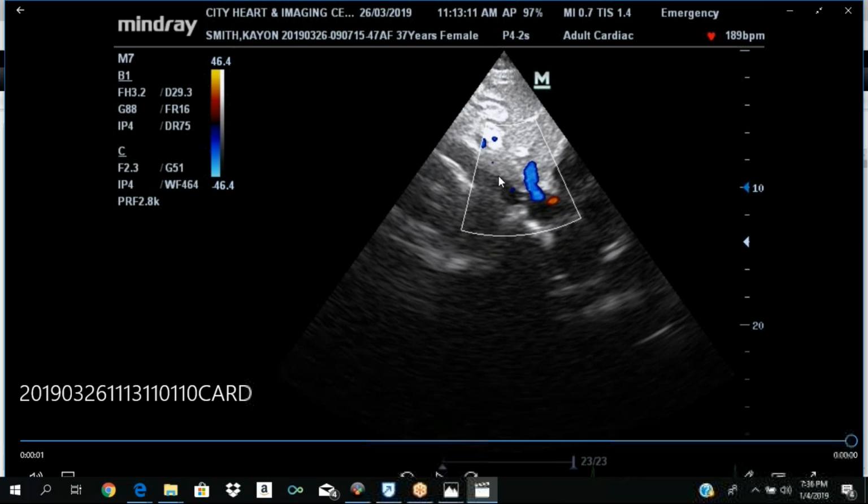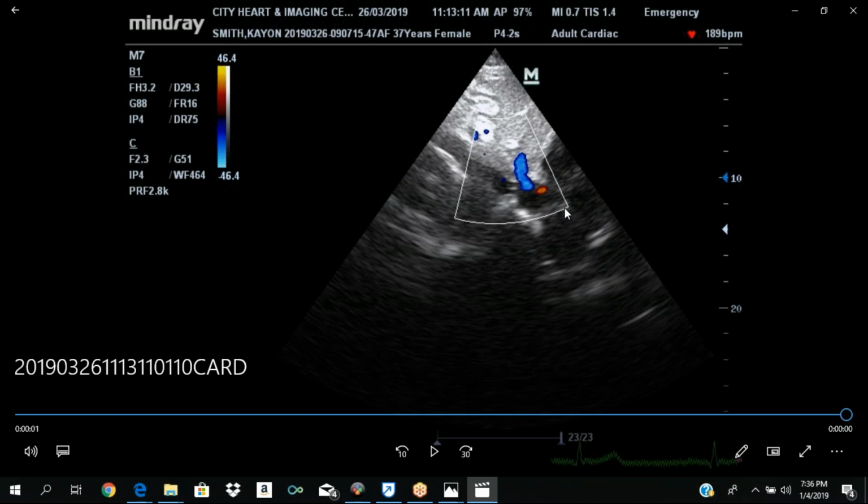So this is your inferior vena cava draining into the right atrium, and this is the hepatic vein. The hepatic vein drains into the inferior vena cava.